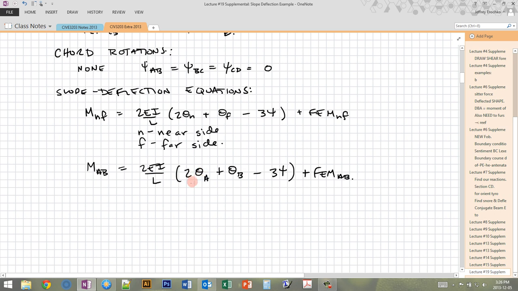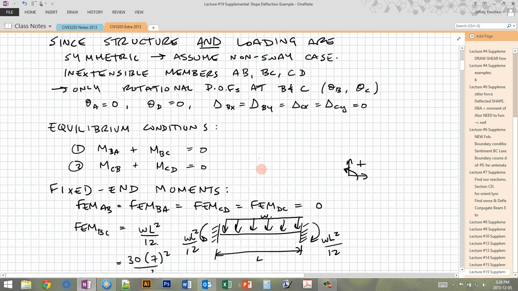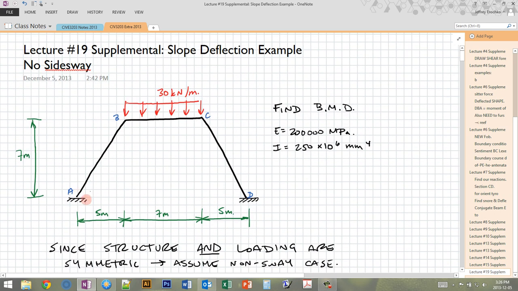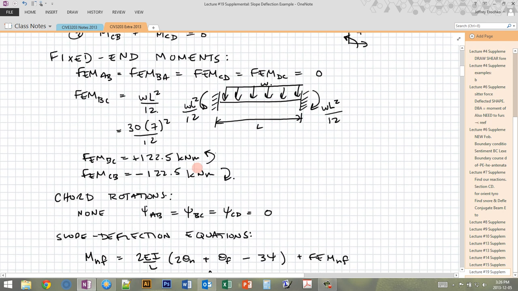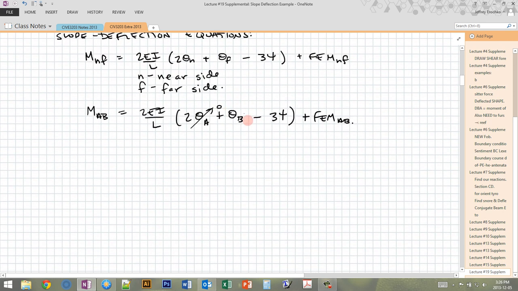In this case, we know that theta A equals 0 because that's a fixed end, so that means we can't have any rotation at A. So theta A equals 0. Theta B is an unknown. The chord rotation is 0, and the fixed end moment is also 0 for this case.